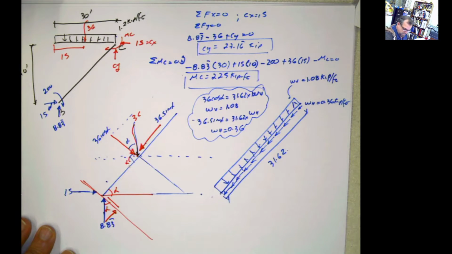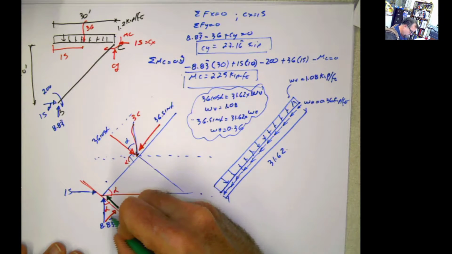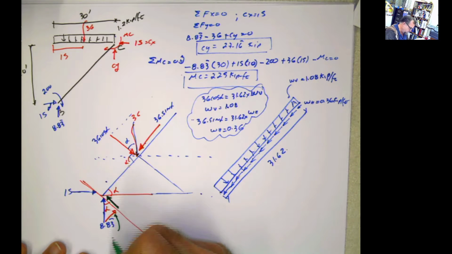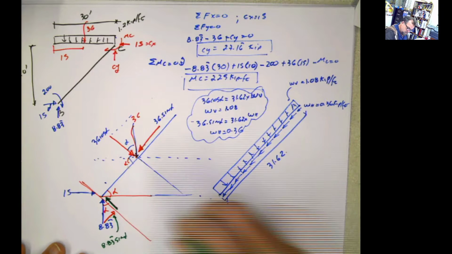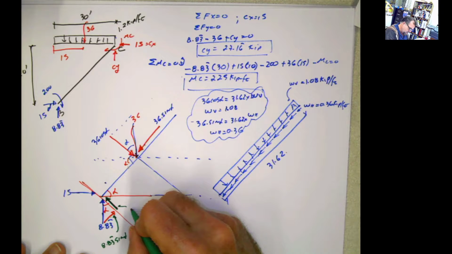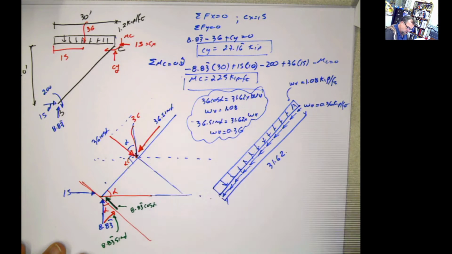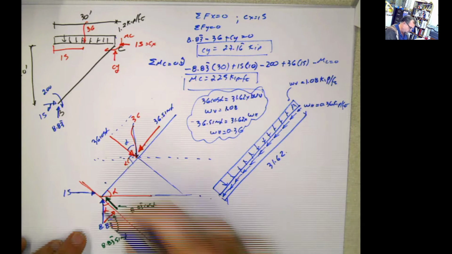I'm going to use two different colors. This and that. This force here is going to be 8.83. It's opposite, right? So it's 8.83 sine alpha, and that one there is 8.83 cosine alpha.